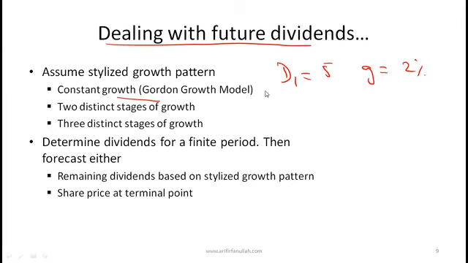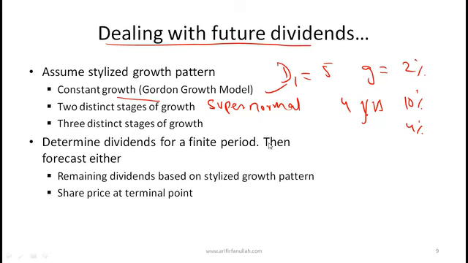So this is easy. Another strategy that you've seen before is 2 distinct stages of growth. Sometimes in textbooks you have seen this as supernormal growth. So you say, okay, for a few years, say 4 years, the growth is, say, 10%, and then after that the growth is 4%.